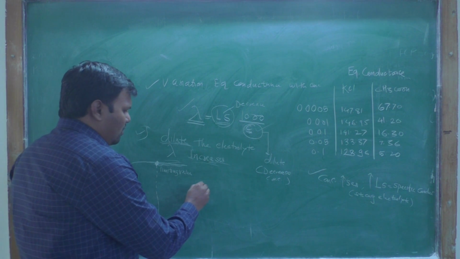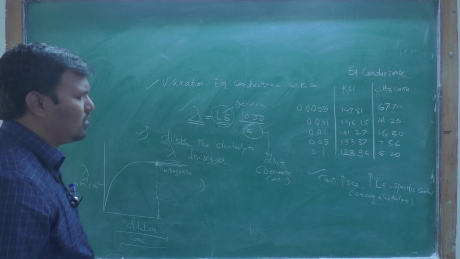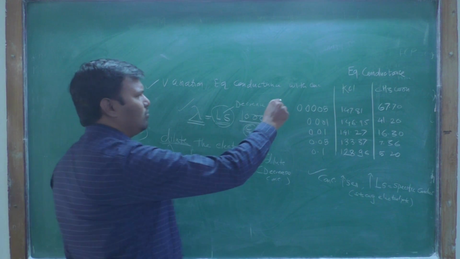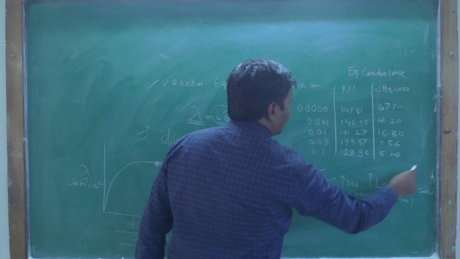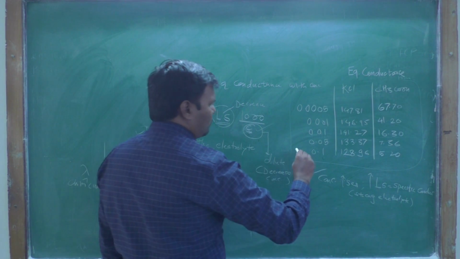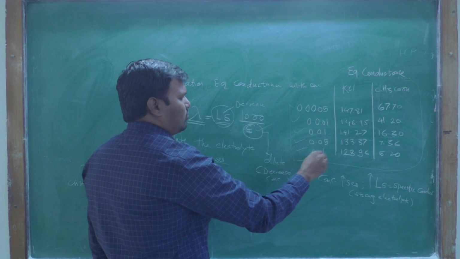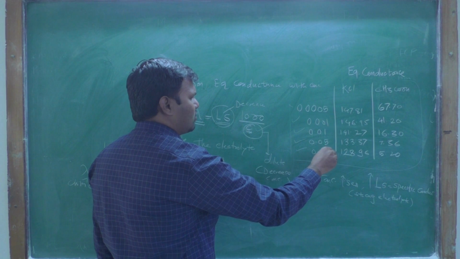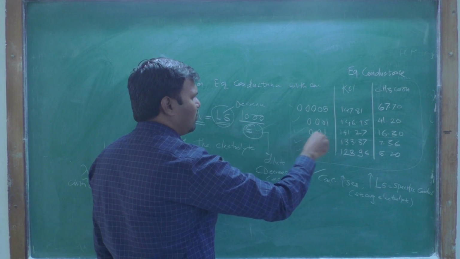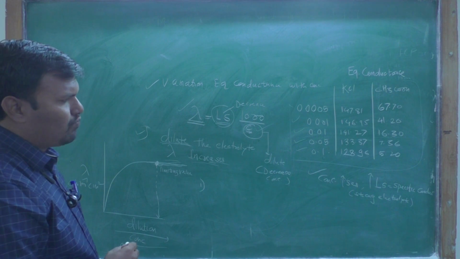From that we have some conclusions. We have some values of equivalent conductance when you take 1 gram equivalent weight and change the concentration. First 0.1 normal concentration, you add water, then 0.05, you add water, then 0.01, and so on.